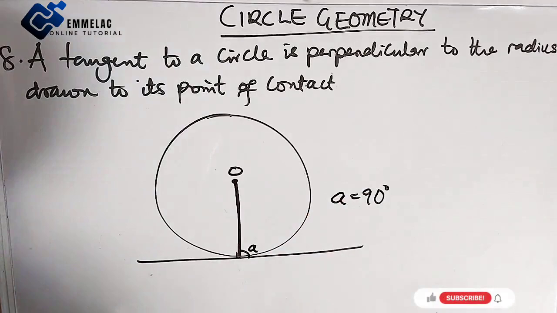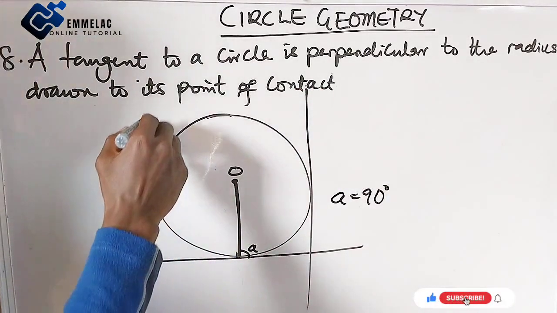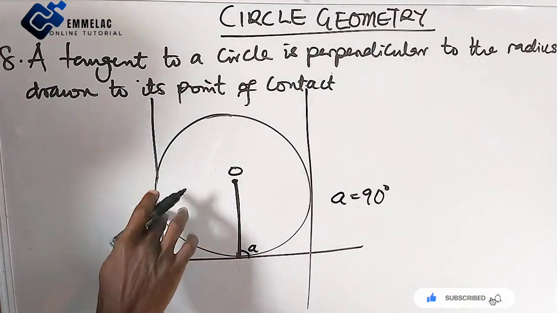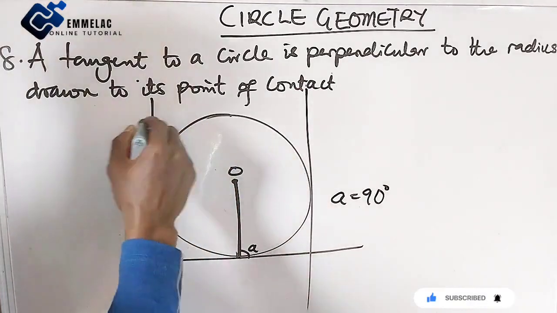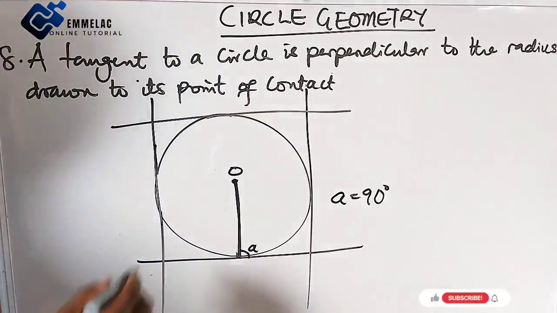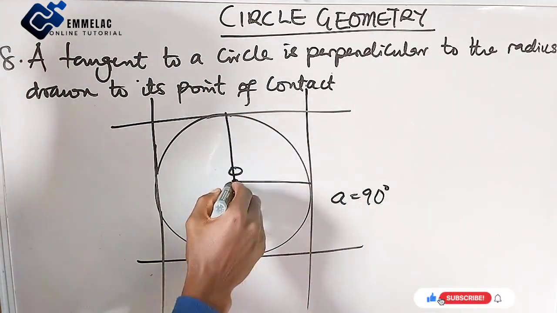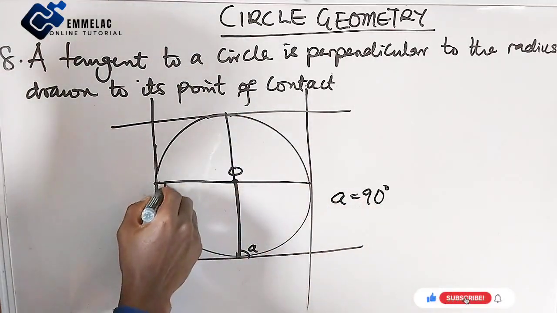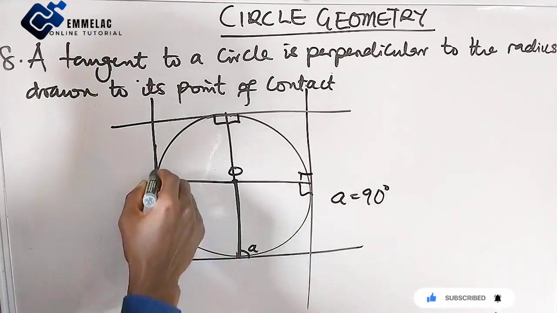Now this also implies that A equals 90 degrees. Now this tangent could be somewhere around here. It could be somewhere around here. It could also be somewhere around here. So as long as this radius meets it, all these angles are 90 degrees.